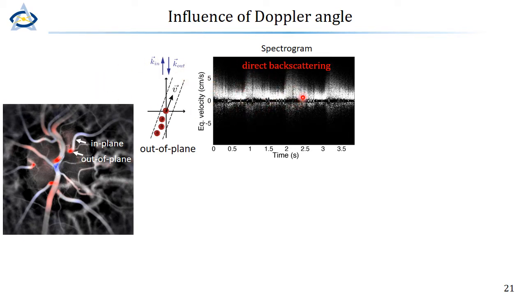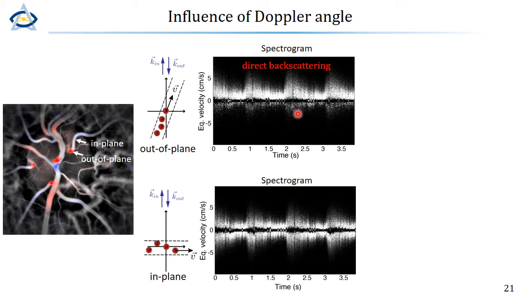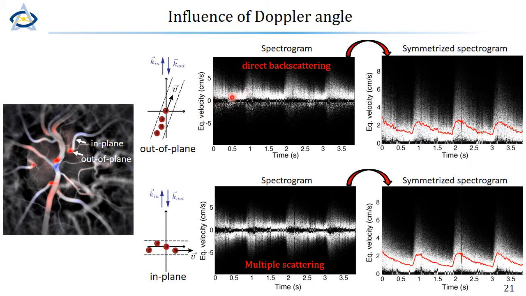We expect blood velocity to be the same because it's the same vessels, just that the orientation has changed. Now the Doppler frequency shift should be worth 0, so it can only rely on multiple scattering. And this time, we found as much energy on the positive and negative side of the spectrum, so it can only be multiple scattering that contributes to the spectrogram. And if we look at the symmetrized spectrogram, we find equivalent velocity shifts that are very similar.